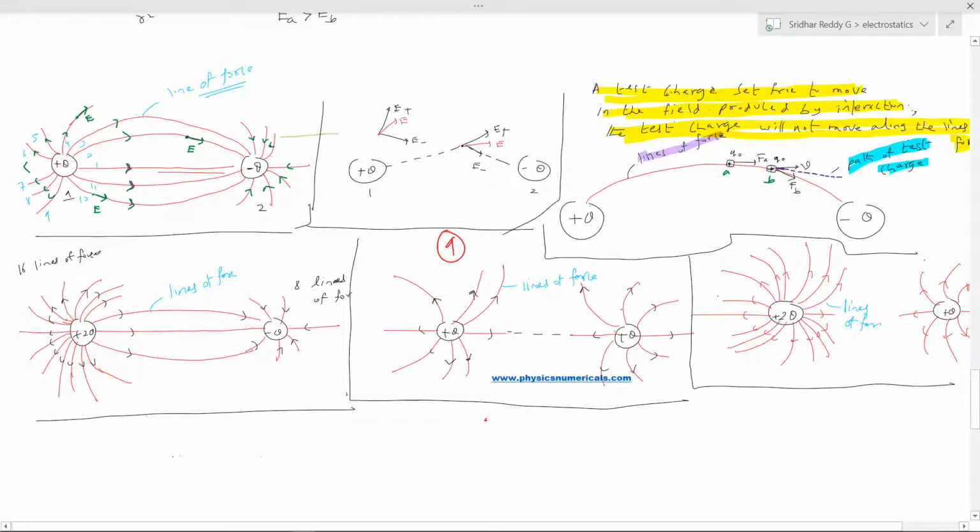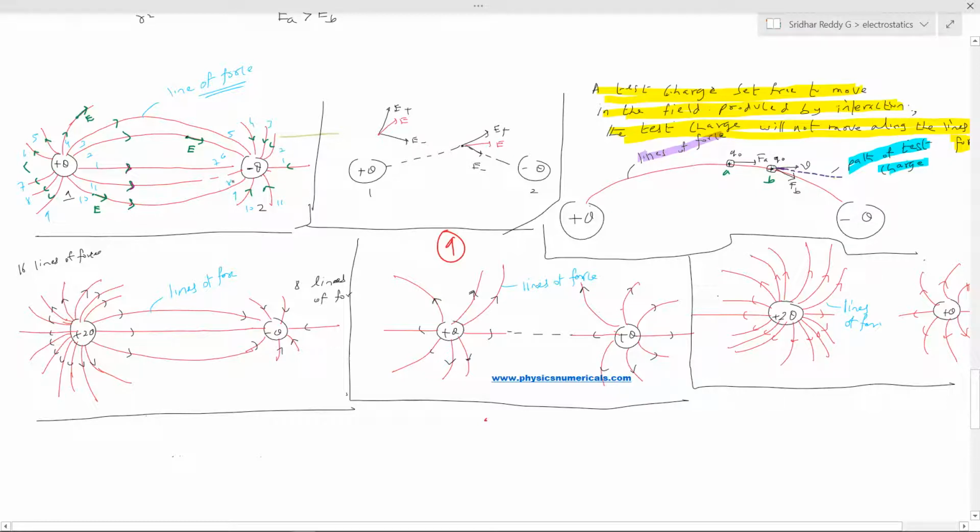Similarly, let me count here: 1, 2, 3, 4, 5, 6, 7, 8, 9, 10, 11. I'll remove this, it should not be there. Okay, for 11 point charges, 11 lines of force are there.